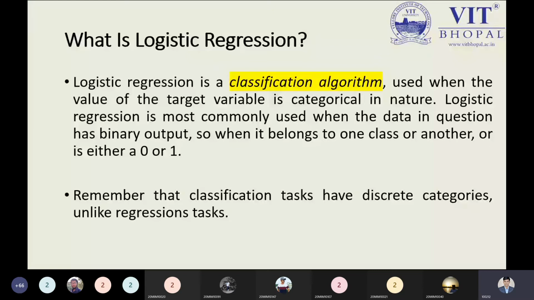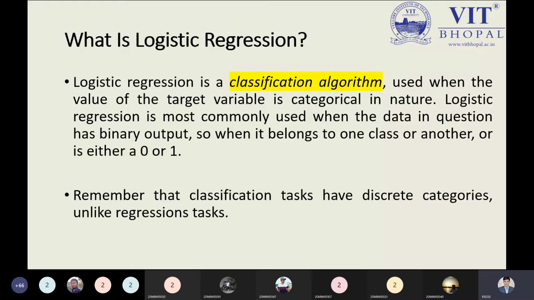Like the example, in a group of students, I need to choose the students who belong to cyber security, others who belong to AI and ML specialization, and others who belong to core computer science. So I'm making a group of three different forms. At that time, unlike binary, this is known as multinomial classification.